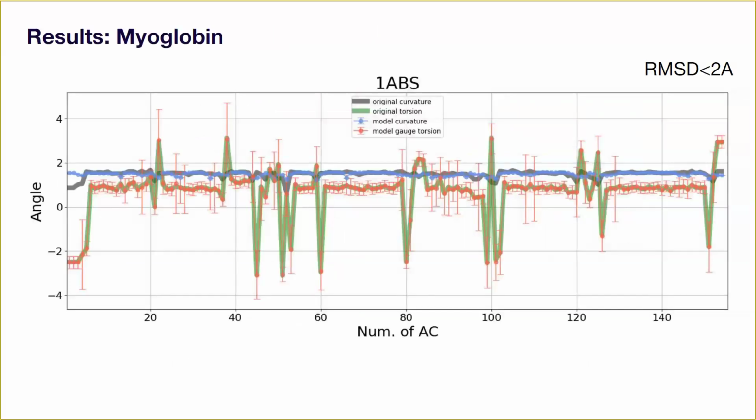Okay, so you see, this is curvature, the gray one, and torsion, the green one, extracted from the protein database. So you take a protein database file with the description of the positions of the atoms. Then there is a special algorithm to convert these coordinates into the curvature and torsion of this curve. And this is what our model gives.